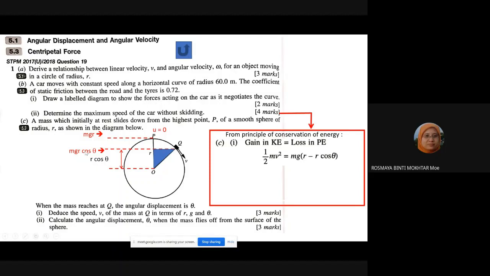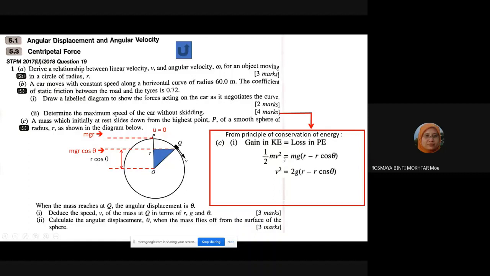The general formula is mgh, so the height is R cos theta. For the change in potential energy, you subtract, and mgR is larger. So mgR minus mgR cos theta is the loss in potential energy. So we get this expression from the principle of conservation of energy.